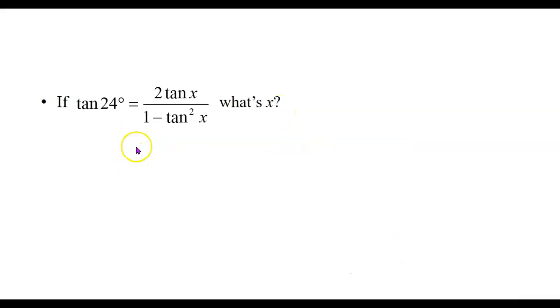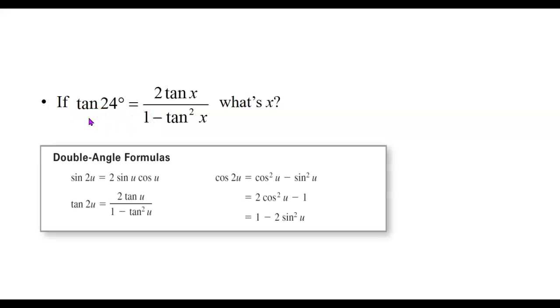What about number 15? If the tangent of 24 degrees equals 2 times the tangent of x over 1 minus tangent squared of x, what's x? Again, does this fit any of the patterns from any of those double angle formulas? Yeah, it's this one.